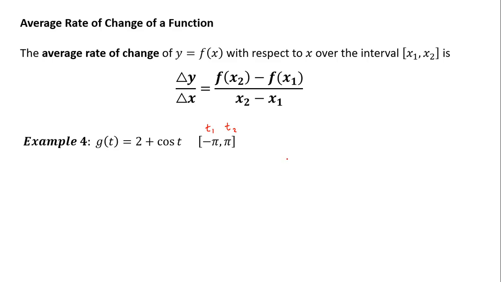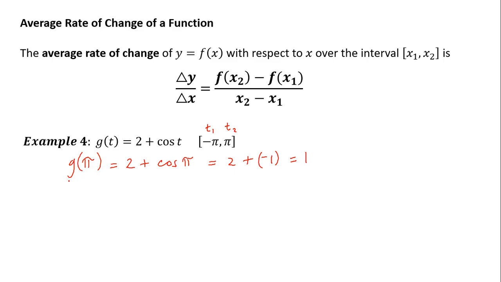Let's solve g of t sub 2. So that's g of pi, which is equal to 2 plus cosine pi. And take note, cosine pi is just negative 1. So this value is positive 1.